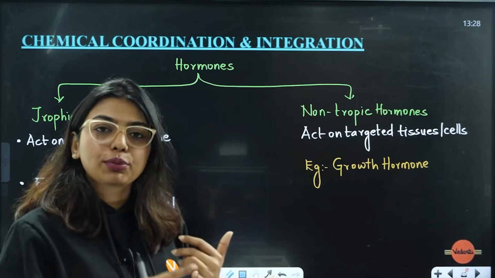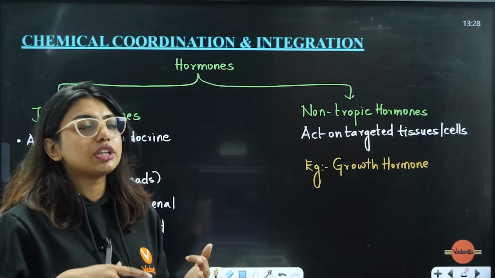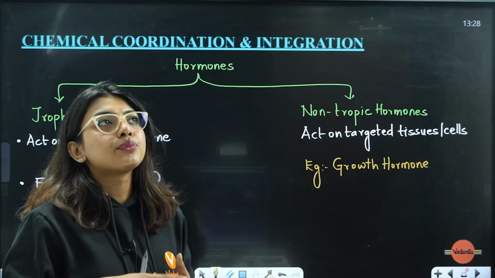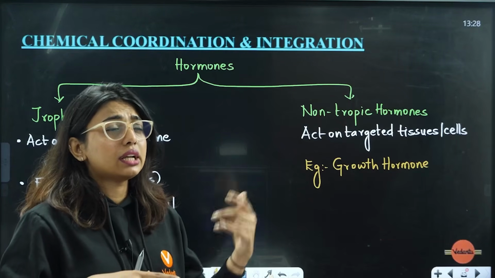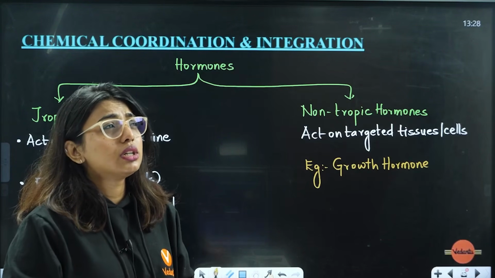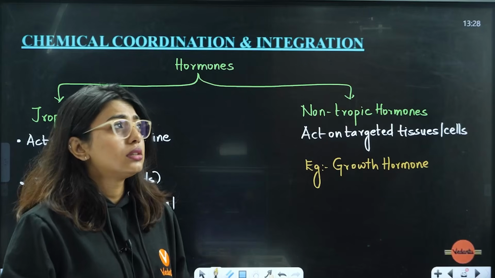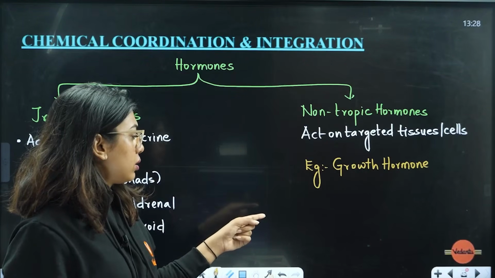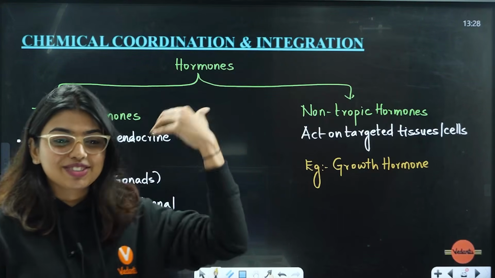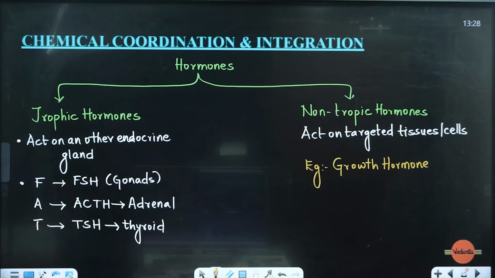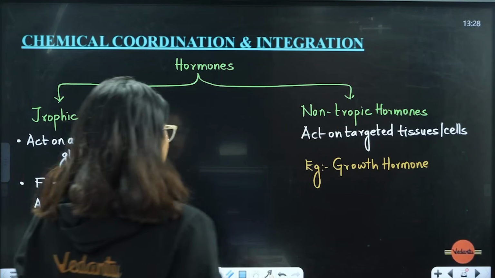You can also think of prolactin, cortisol, and oxytocin. I was not able to remember oxytocin, okay, oxytocin also you can remember. So this is your non-tropic.